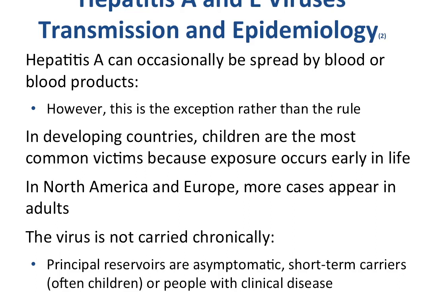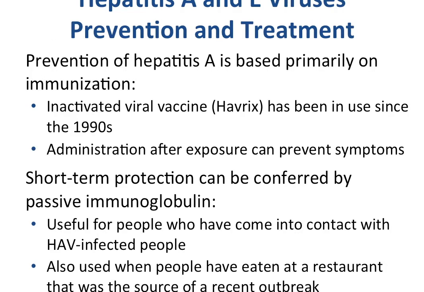Hepatitis A and E are not chronic diseases. They are relatively mild and self-limited diseases. For prevention, we have a vaccine that can be used to prevent hepatitis A.